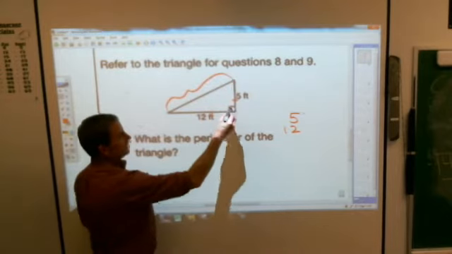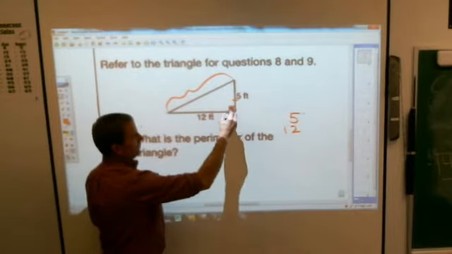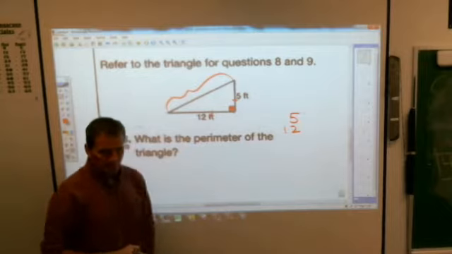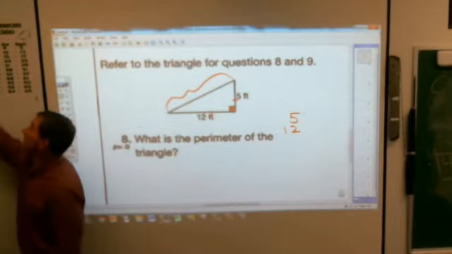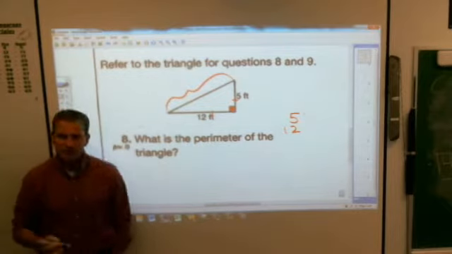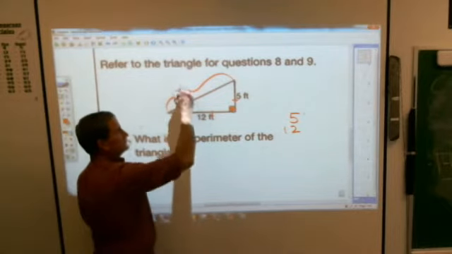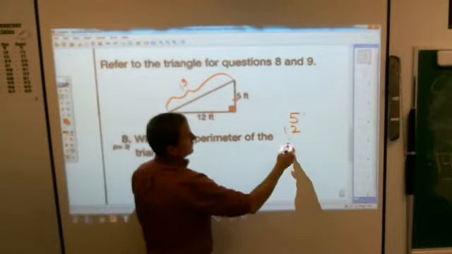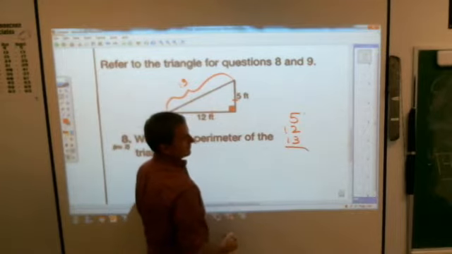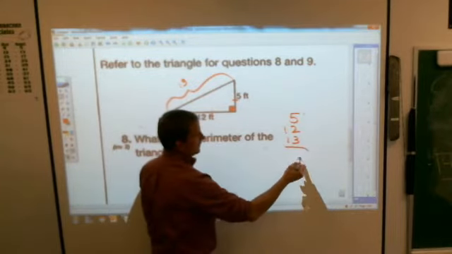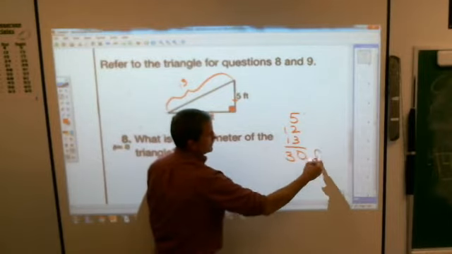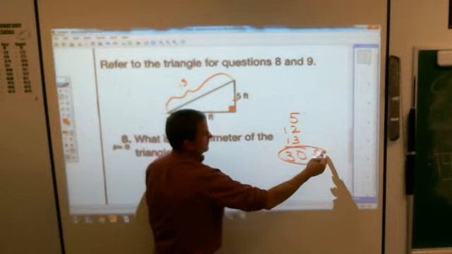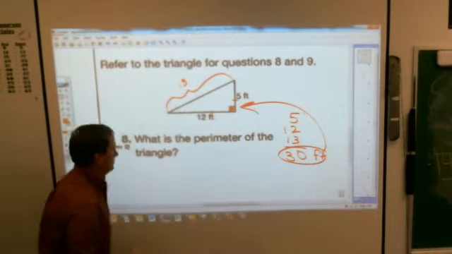And it's a right triangle, so the first thing I think is Pythagorean theorem, and then I hope this is a triple. Is there a 5, 12? Yeah. So the other side has to be 13. So 13 plus 12 plus 5 is 30. I believe you get 30 feet. Not a lot of work involved in that one.